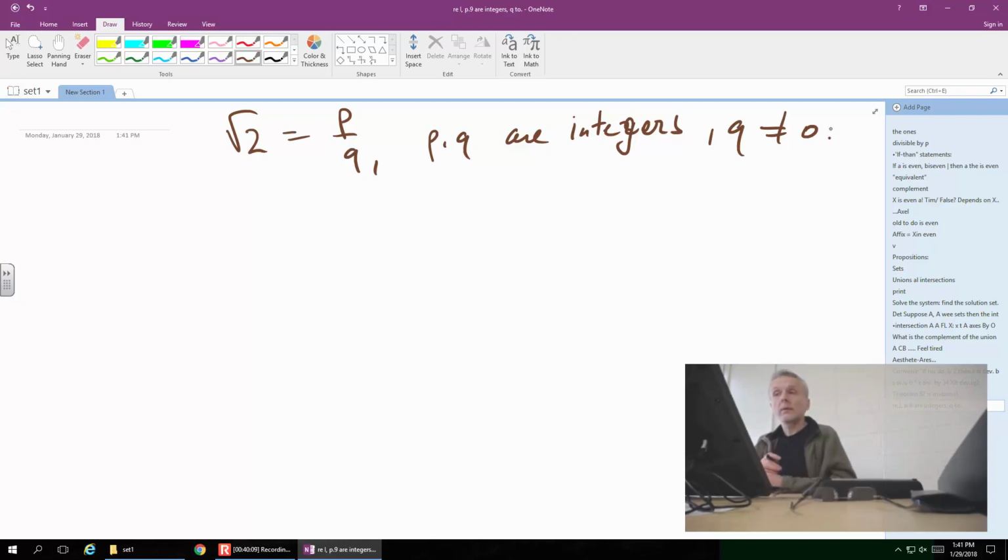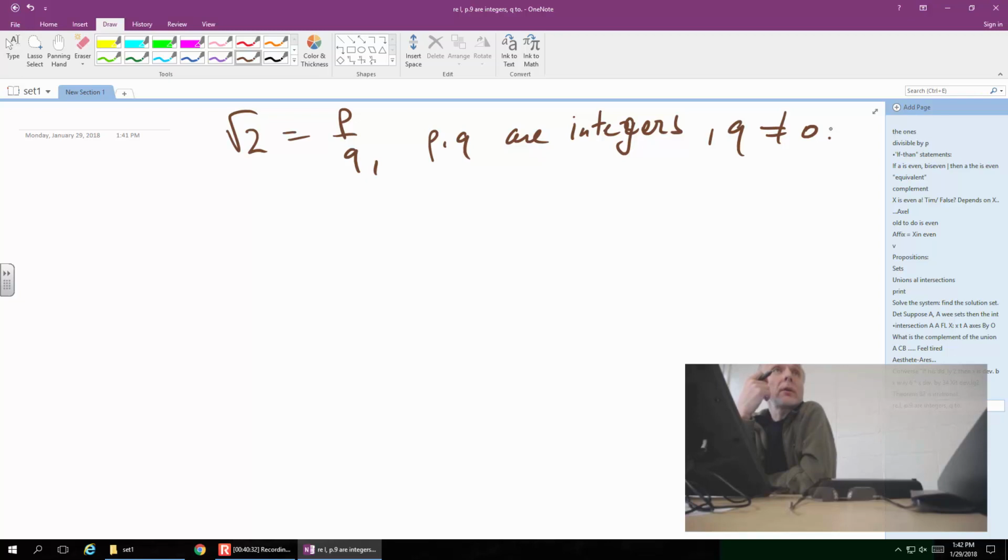Well, I would just take numbers in a set interval and plug them in and see if you can get square root of 2. Really? Infinitely many? No, for the set interval, because we know the square root of 2 is between the square root of 1 and the square root of 4, and the square root of 4 is 2 and the square root of 1 is 1, so it's between 1 and 2.